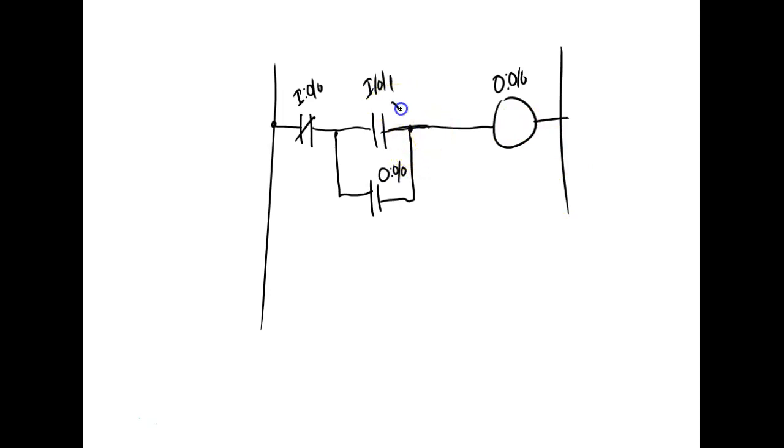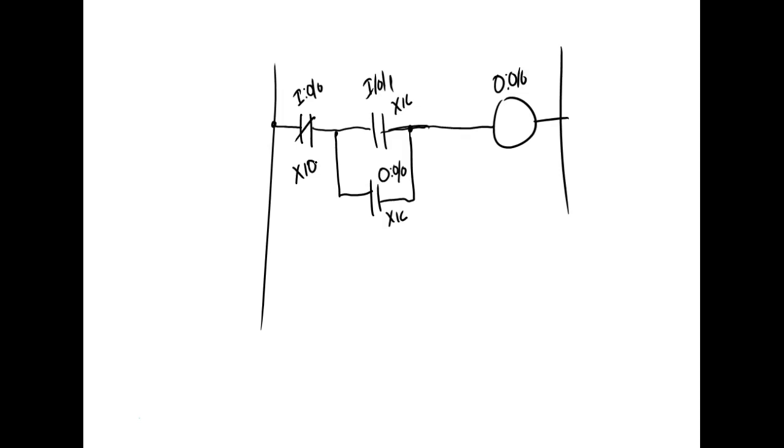Now, this is an examine if closed. This is an examine if closed. This is an examine if open. So that means this would be true when the switch is what?